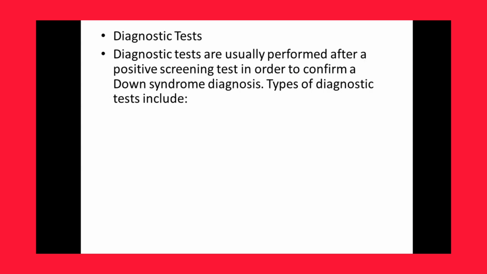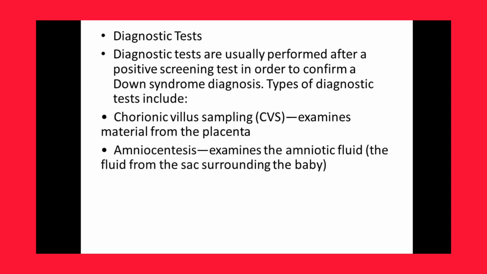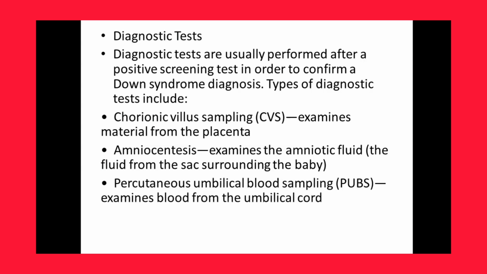The diagnostic test really involves testing the chorionic villus sample. You collect material from the placenta and it is tested in the lab. The amniocentesis sample is from the amniotic fluid collected in the sac surrounding the baby, and is also tested to know the content. The percutaneous umbilical blood sample is also collected.